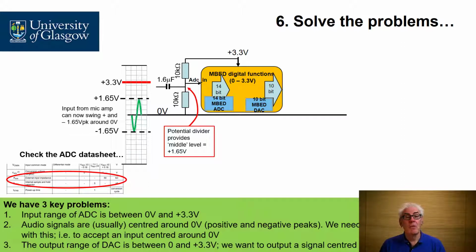And I have chosen 1.6 microfarads into a parallel impedance of 5 k ohms, that is 10 k ohms in parallel with 10 k ohms, and I am still ignoring the 50 k ohm input, but strictly I should have considered it. And that gives us a pole of 20 hertz of 1.6 microfarads going into 5 k ohms. So we now are able to take an input range into the ADC that is centered around 0.